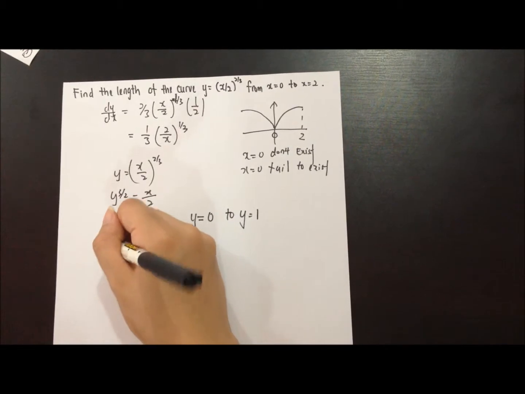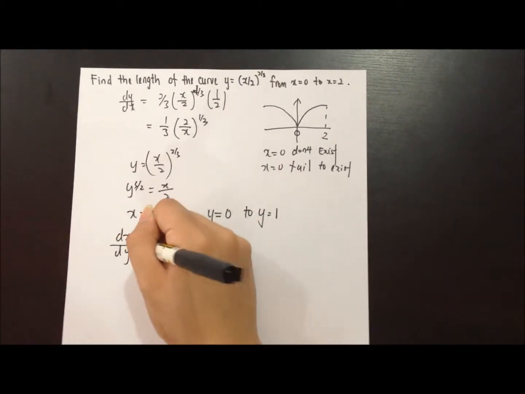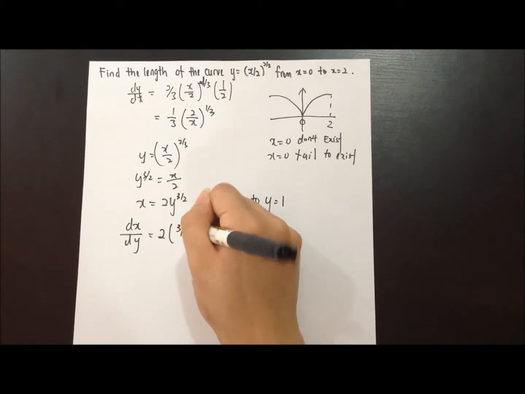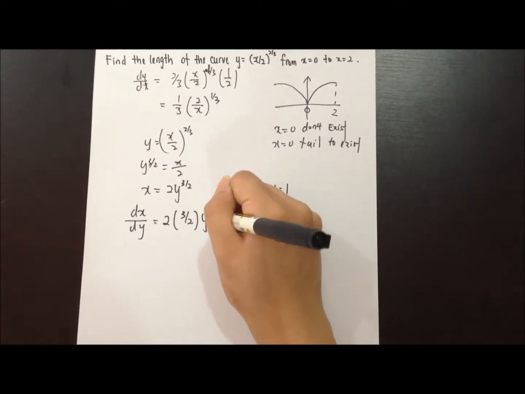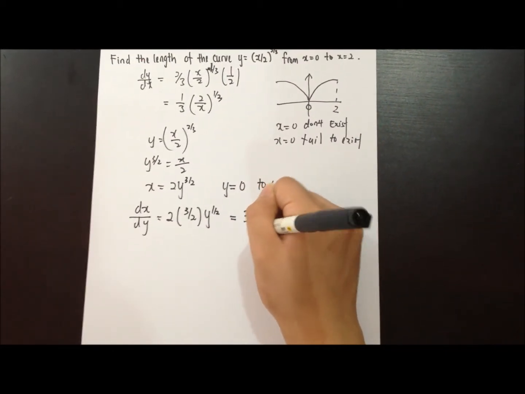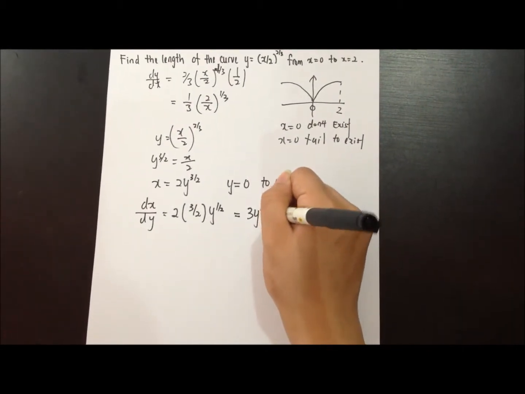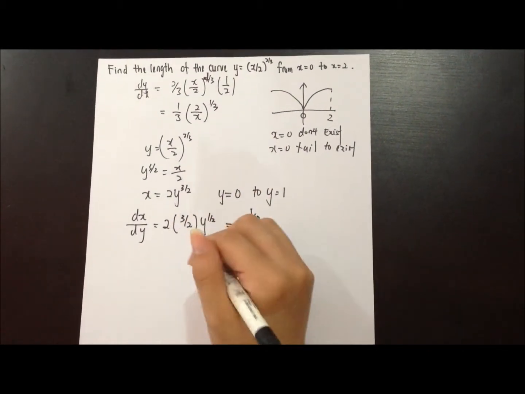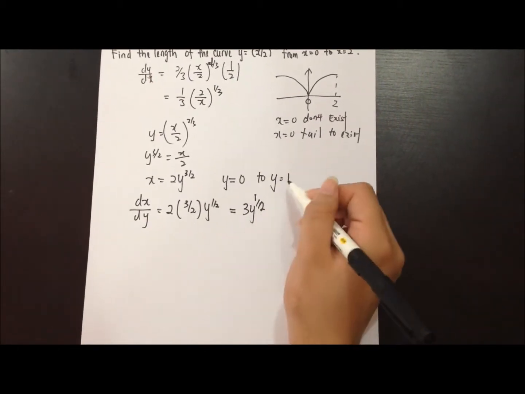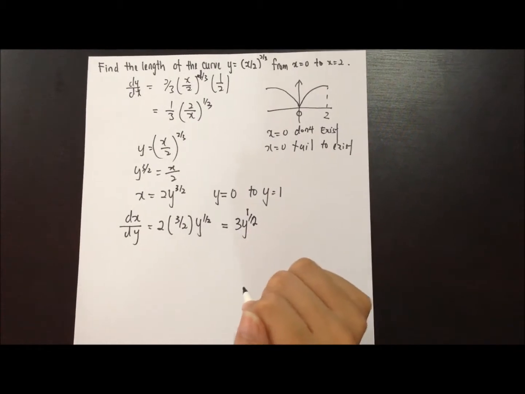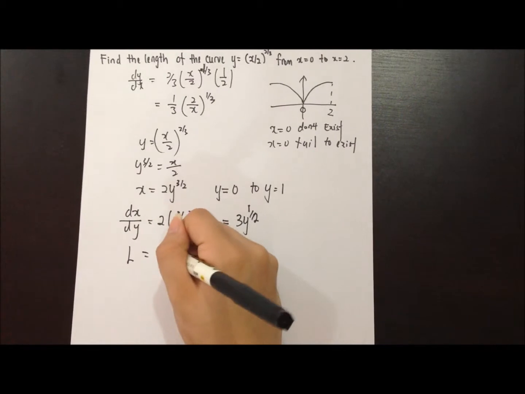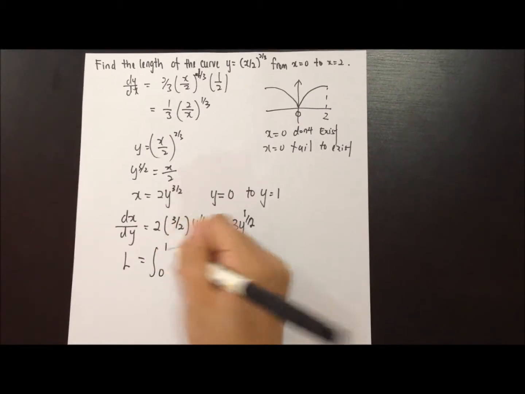So we find the dx/dy. Now dx/dy is continuous on the interval from 0 to 1. Therefore, we can start to find our arc length. So the arc length is between 0 and 1.